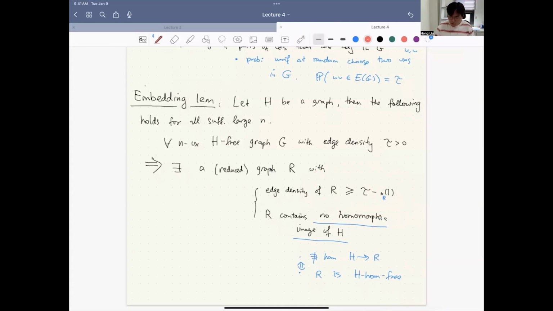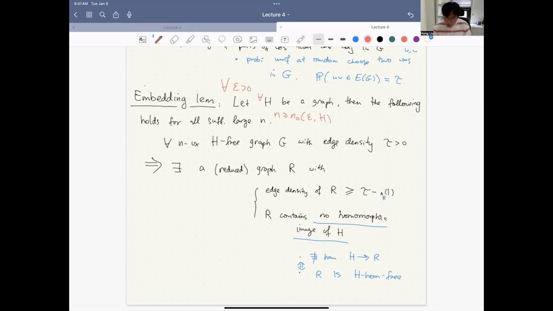That means if you want to be precise, for any epsilon bigger than 0, and for any H that's given, there is n0 such that for n bigger than n0, and this n0 depends on epsilon and H. H is a fixed graph, so depending on H is fine.